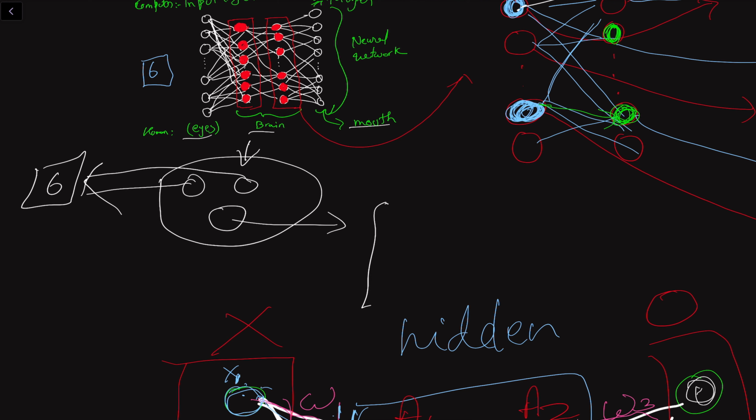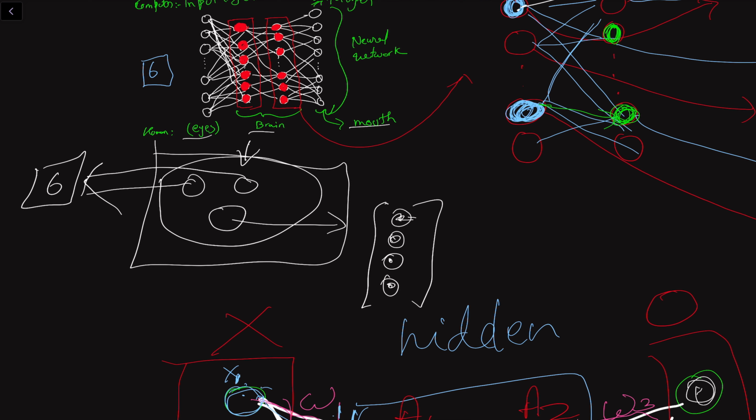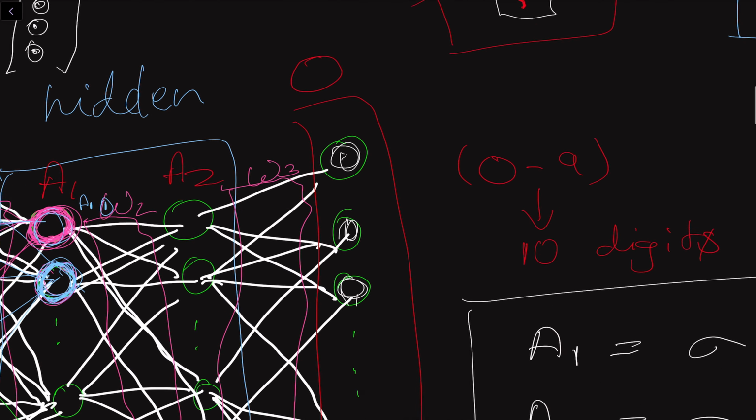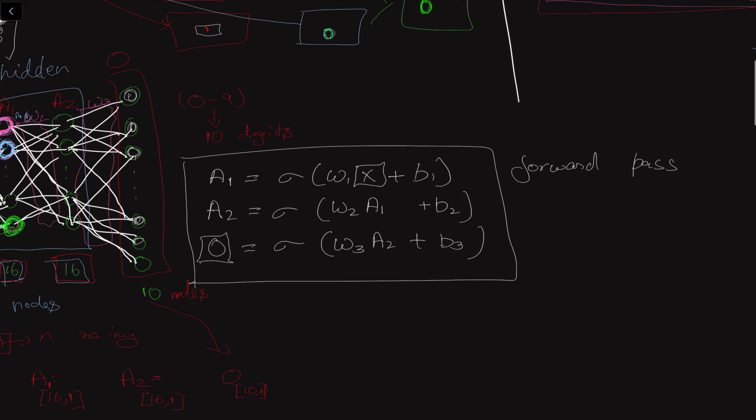There are 10 digits and the mouth can say anything actually. It just says some random thing. It does not clearly classify it, but we've made this much progress. Now all we need to do is train this network to correctly identify these images. And we'll see that in the next video.